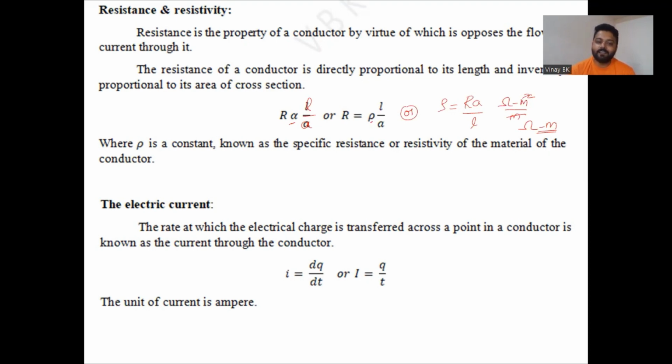Electric current is nothing but the rate at which electrical charge is transferred across a point in a conductor, called the current through the conductor. In general, you can say the rate of change of charge is nothing but current. And the SI unit of current is ampere, represented by capital letter A.